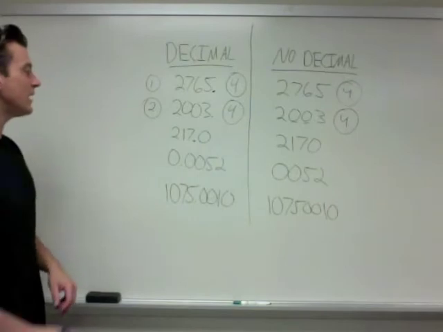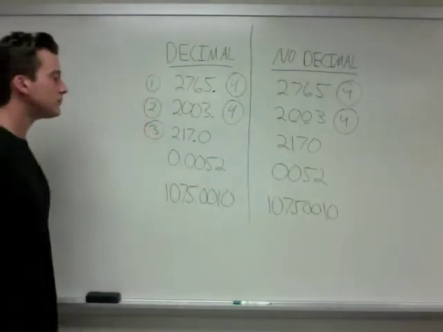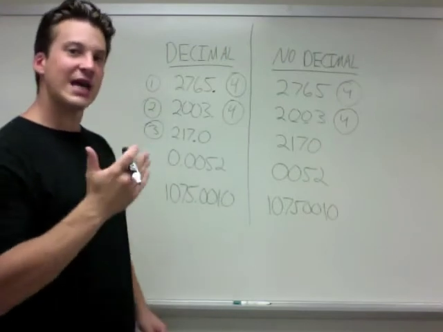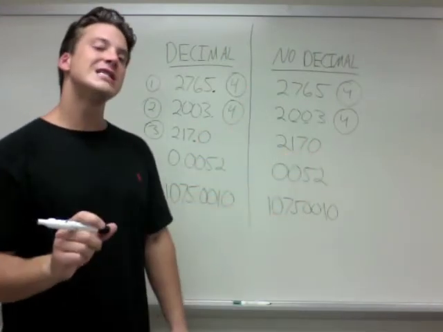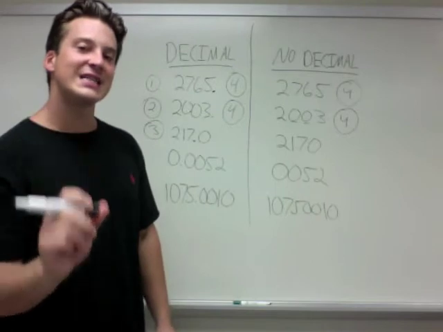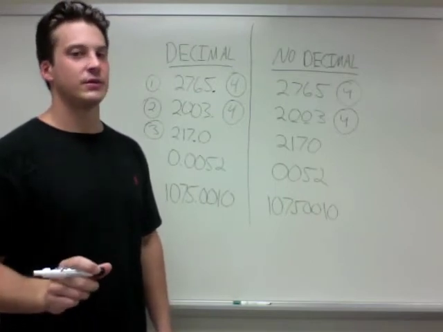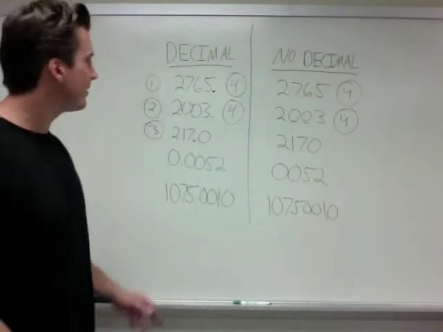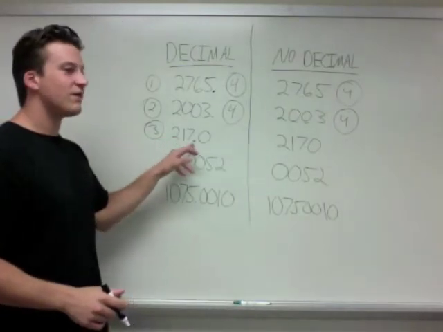Okay, rule number 3. Trailing zeros, meaning zeros at the end of a value, are only significant if there is a decimal present. If there isn't a decimal present, they're not significant. So, I have 217.0.